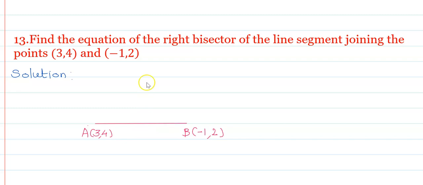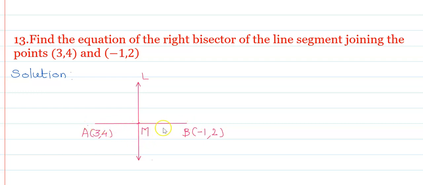The required line is a perpendicular bisector. You can draw it like this. This is the perpendicular bisector. This is the midpoint, and we want to find the equation of this line L. The midpoint is M.